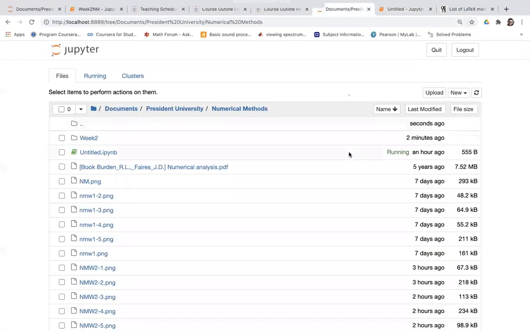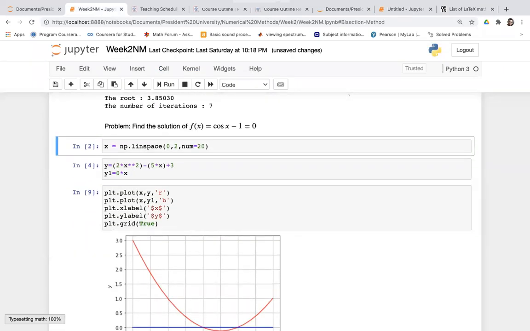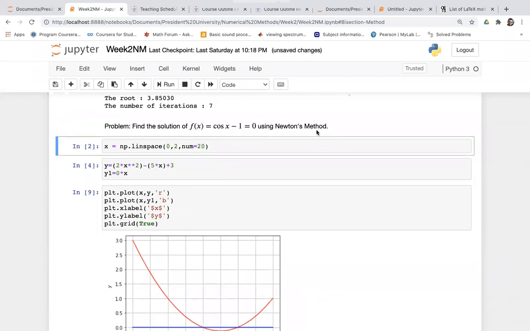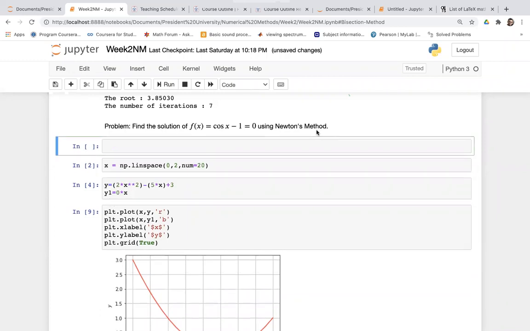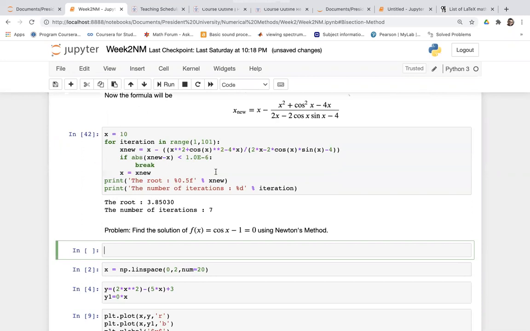Okay, next, let's go back. Using the bisection method. Sorry, Newton method, not bisection. Newton method. Okay. We start with the initial point here.